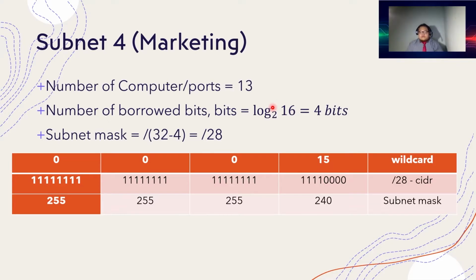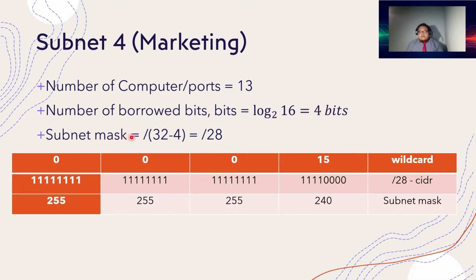If you use a number not in the range of 2, 4, 8, 16, 32, it will produce a number with a decimal point, so we are going to avoid it because it is a wrong answer. So technically we are using 16 because it is the nearest number bigger than the number of ports. The answer that we retrieve for the number of borrowed bits is 4 bits.